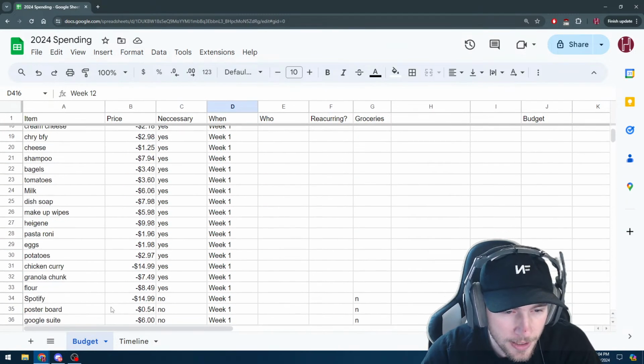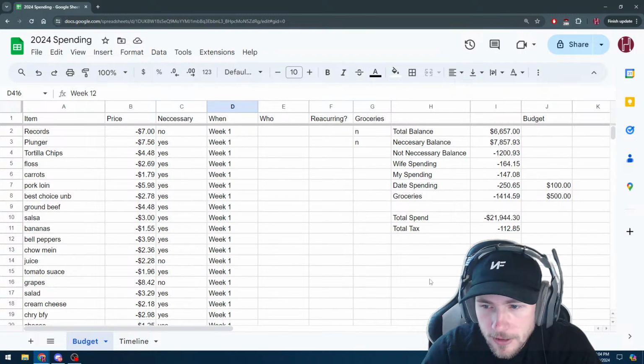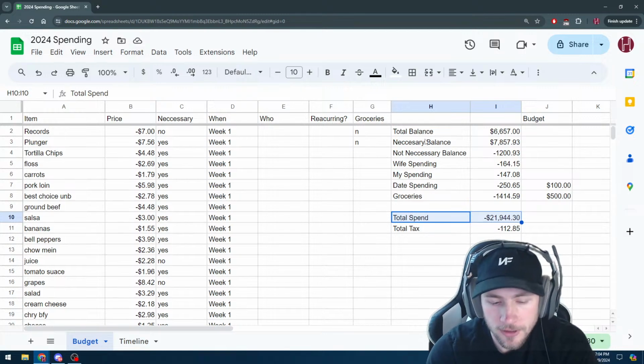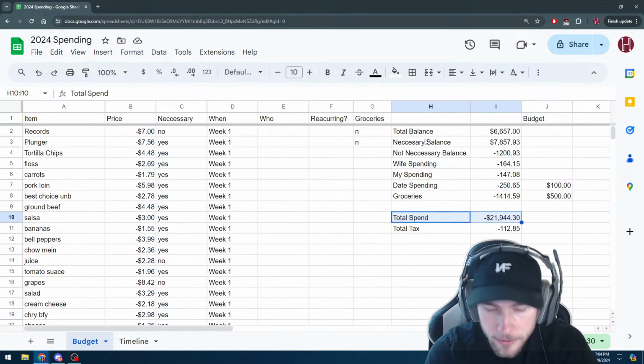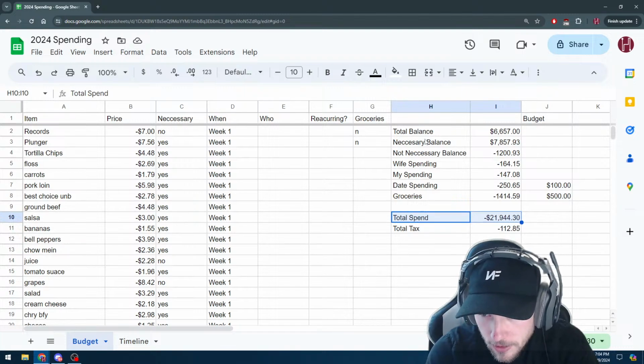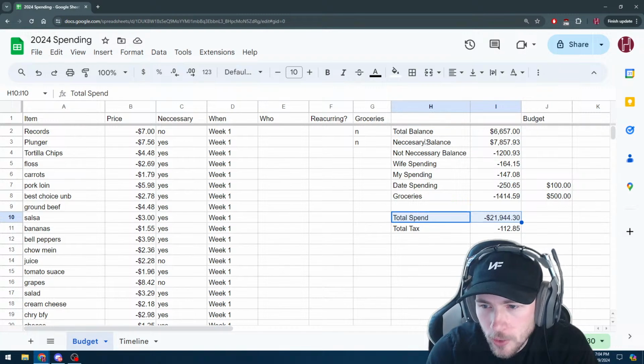And maybe we can use that as a way to adjust for next year. But through week 11, you can see where we're at so far. Total spend through week 11 was basically 22,000.